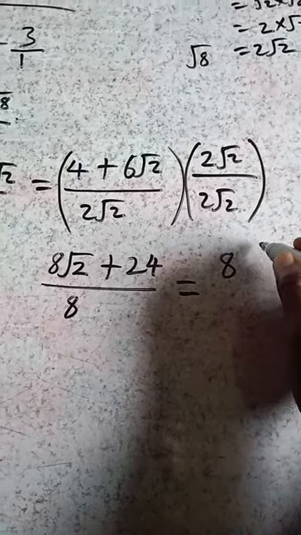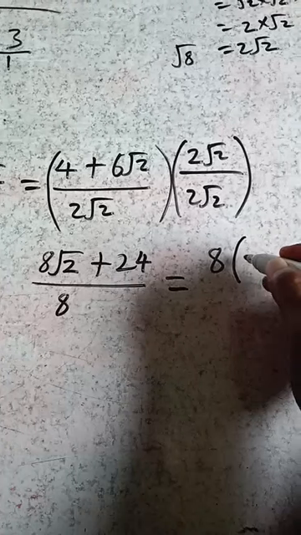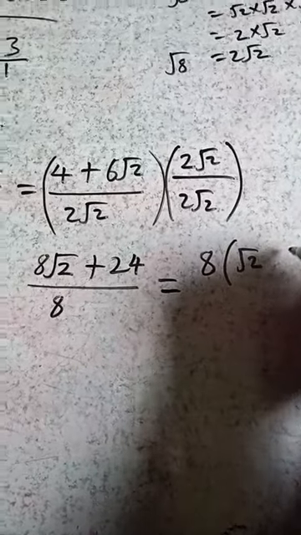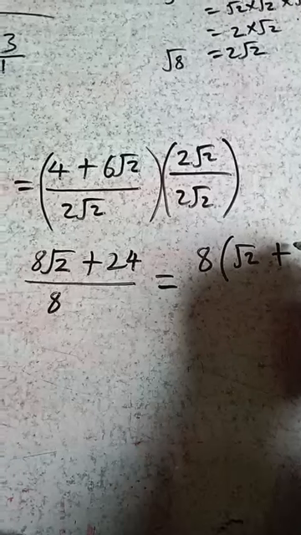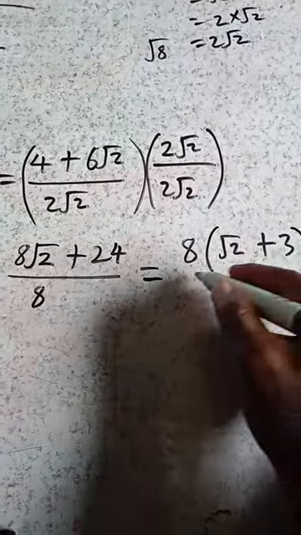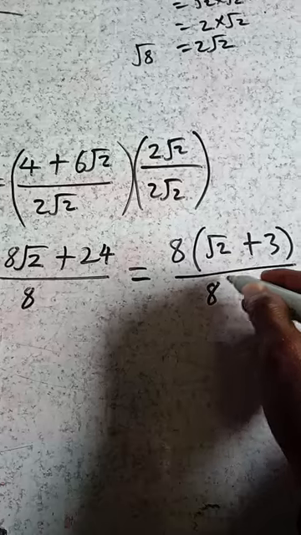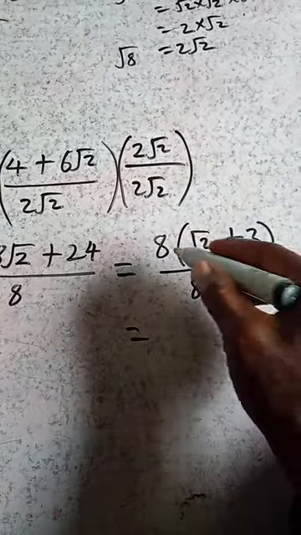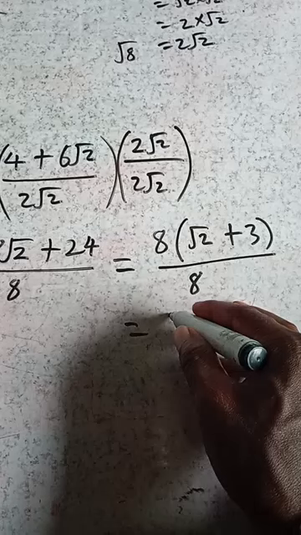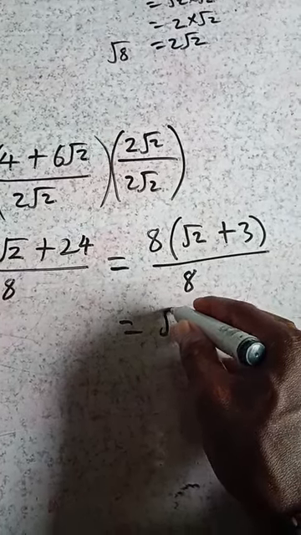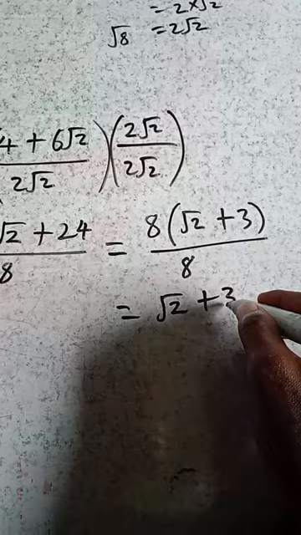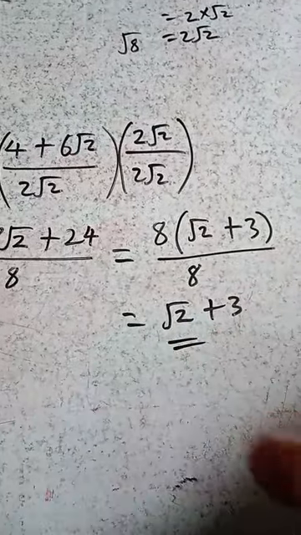So if 8 is a factor, then 8 times root 2 gives you 8 root 2, and 8 times 3 gives you 24, all over 8. Are you getting it now? So our 8 here will divide 8 to be 1, so that our answer is going to be root 2 plus 3. Okay, that's the answer. Are you getting it?